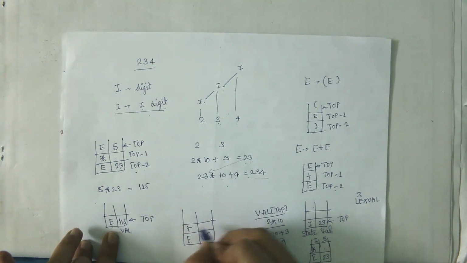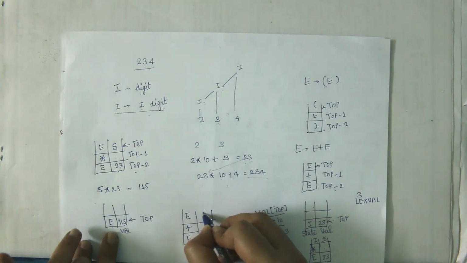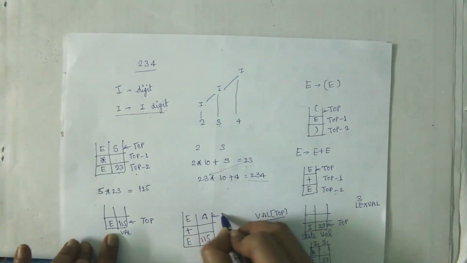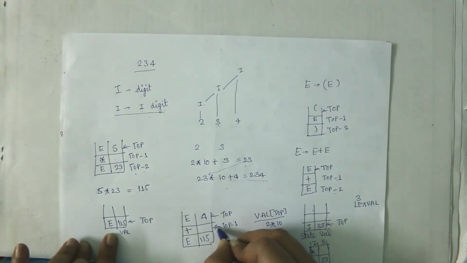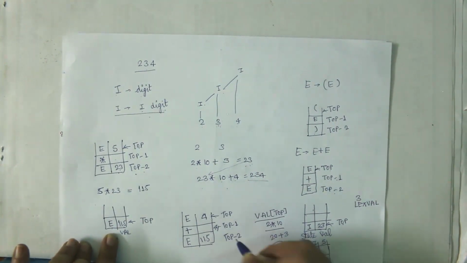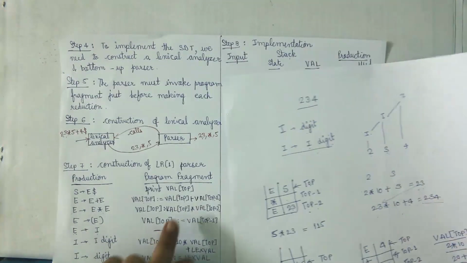We'll push plus, no value is associated. We'll push one more E, and the new value is this. This is at top, this is at top minus 1, and top minus 2. Take the value of top minus 2, 115, and the value at top, 4.